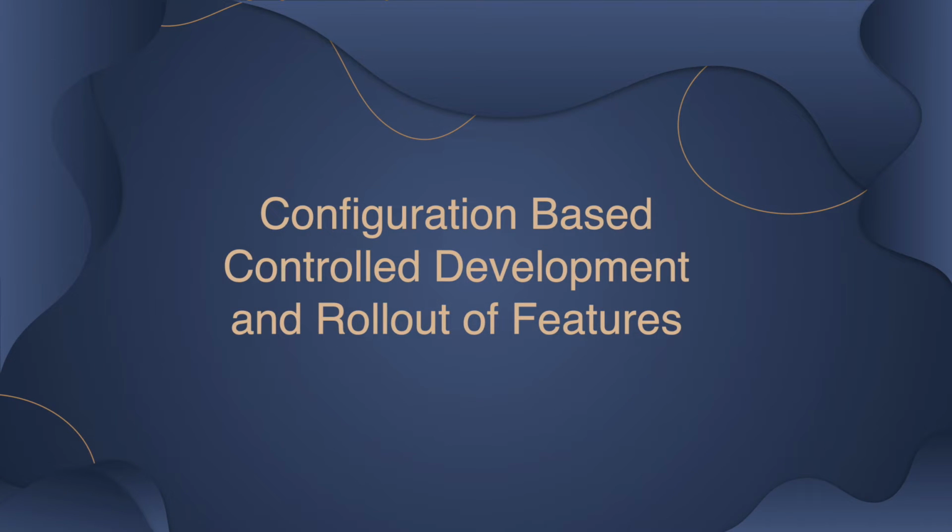Then configuration based control development and rollout of features. It will help to turn on or turn off features. It helps in parallel development and feature release independent of other platforms.